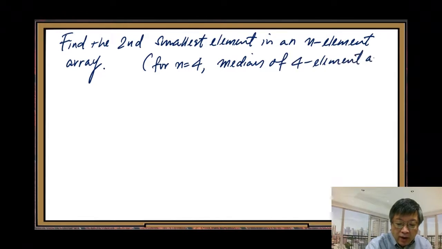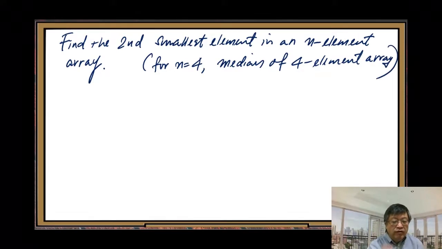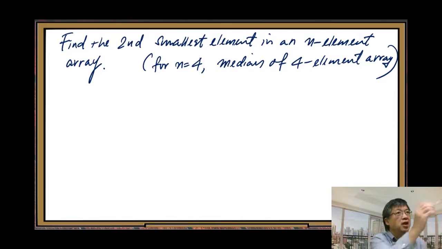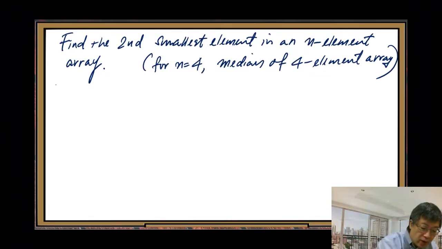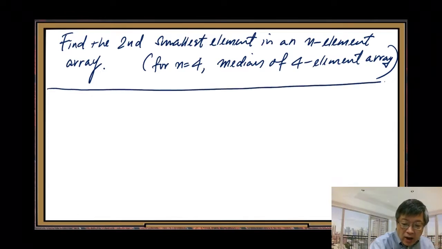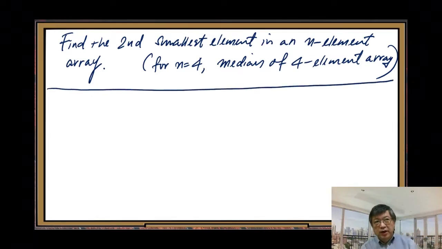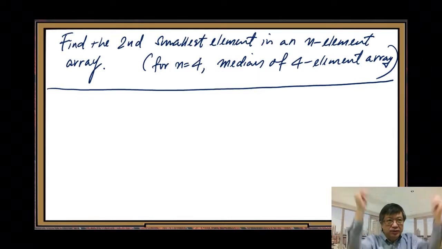At that time, we solved this problem for n equals 4, because by median we mean the left median, right? Left median corresponds to the second smallest element in a 4-element array. Do you still remember how we solved it? We organized the 4 elements into 2 pairs. Then we do the comparisons.